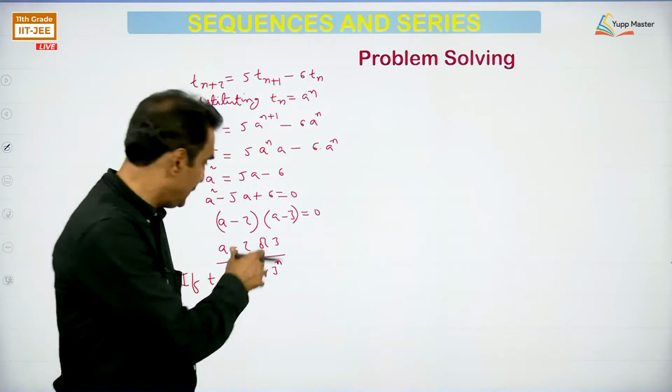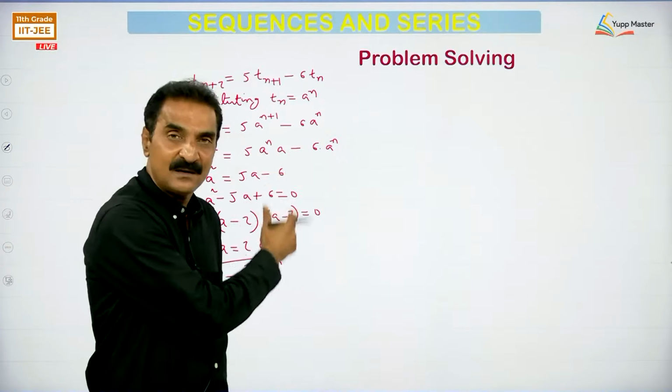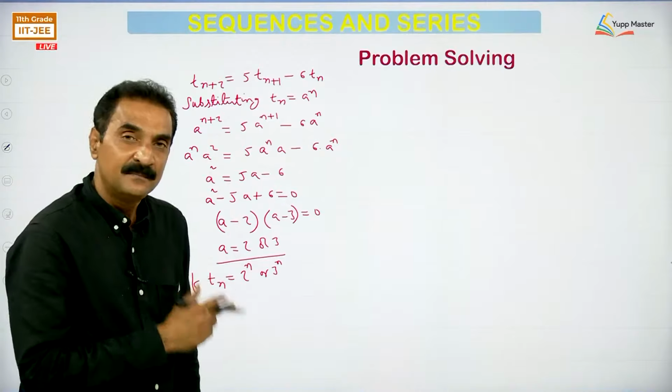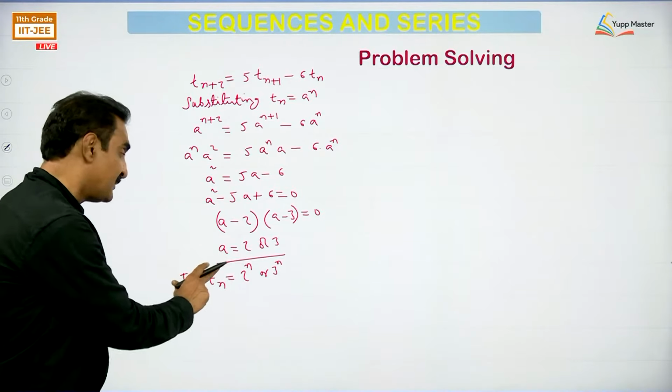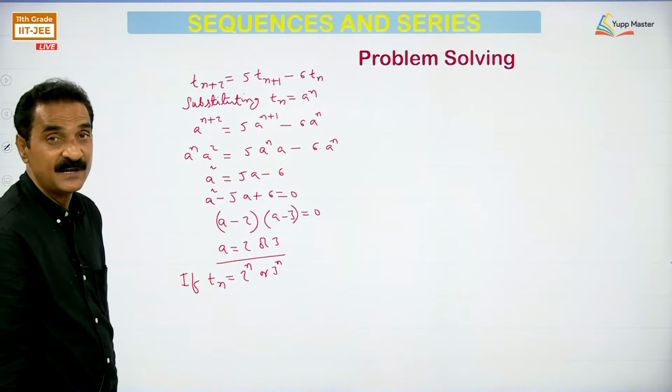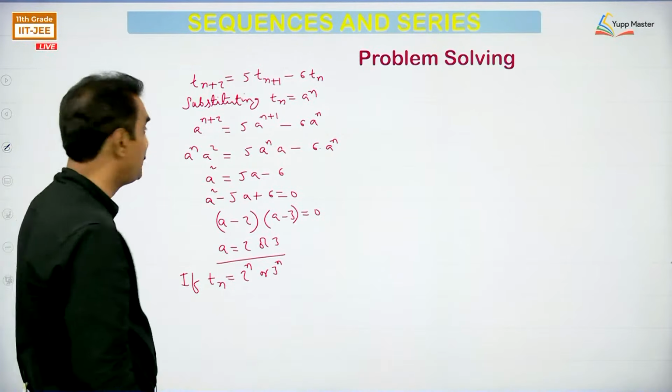Then, is this answer wrong or the given information in the question is wrong? Here, it can be a combination of 2 power n and 3 power n. Nth term Tn can be a combination of 2 power n, 3 power n.